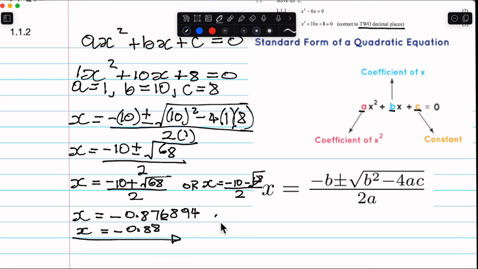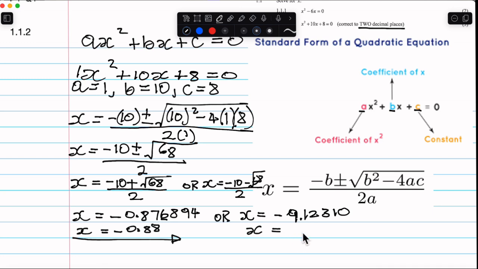Now we need to find or evaluate the second value of x. So here, again, put this in your calculator and let's see what we get. Now for this one, we get negative 9.12310. Again, we will round off or correct to 2 decimal places.